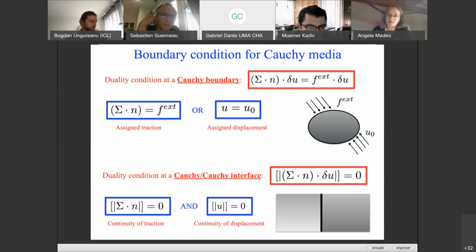This comes directly from the variational principle. And if we also take an interface between two Cauchy continua, similarly, we will impose on this discontinuity the continuity of traction and the continuity of displacement.